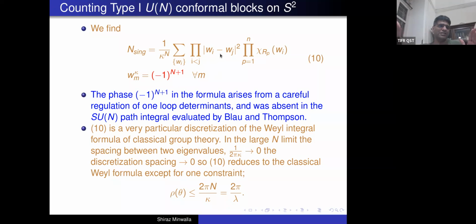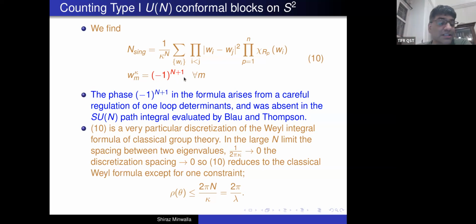The Weyl integral formula just integrates eigenvalues over all possible phases. Here we look only at very discrete possible phases. Now, this discretization appears to approach the integral in the Weyl integral formula in the limit k goes to infinity, kappa goes to infinity, because in this limit, omega is all, for instance, the kappa roots of unity. Those roots become dense in the circle.